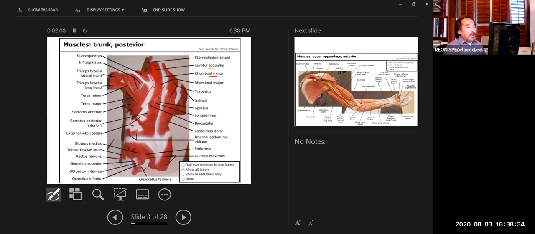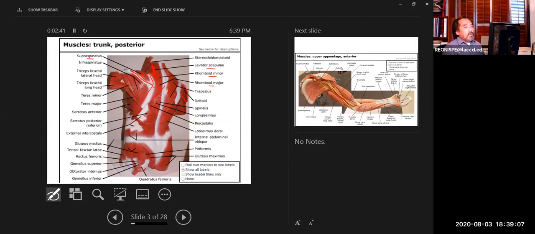But we're going to take a look at the area where the scapula is. Make sure that you look at the scapular spine. That's going to be your scapular spine. The deltoid is not attached here anymore, it's actually removed, because sometimes if the deltoid is here, you won't be able to see this muscle called the supraspinatus.